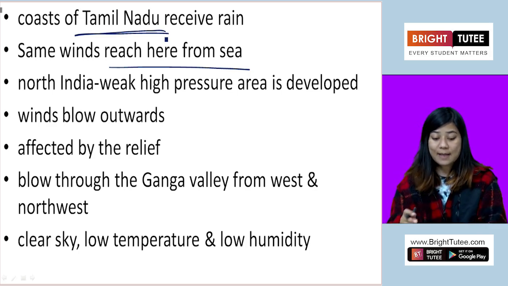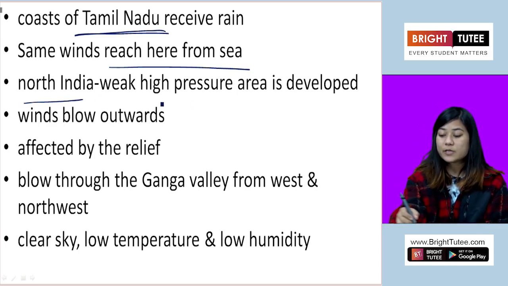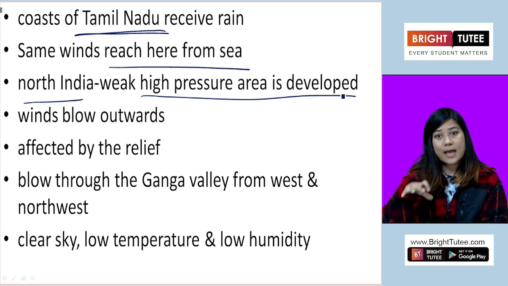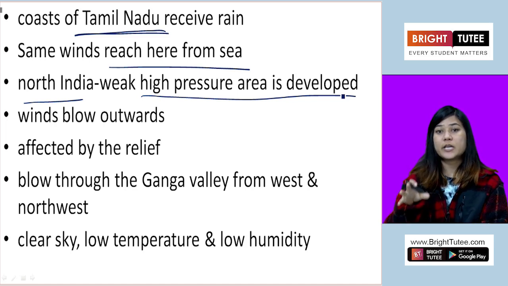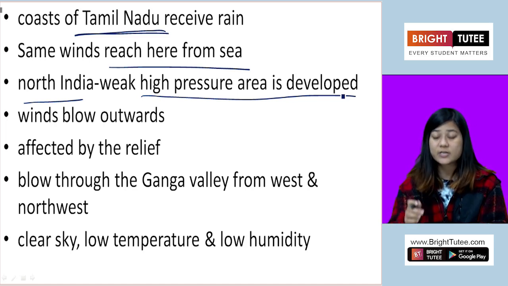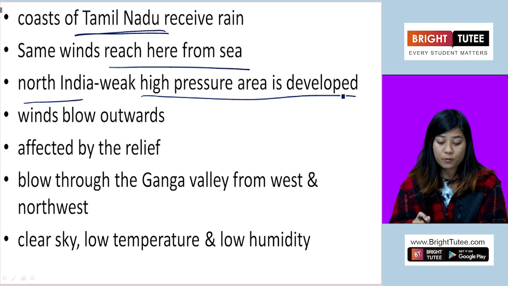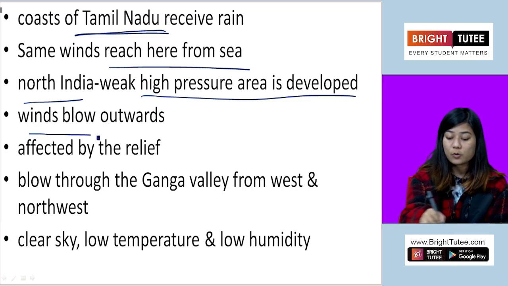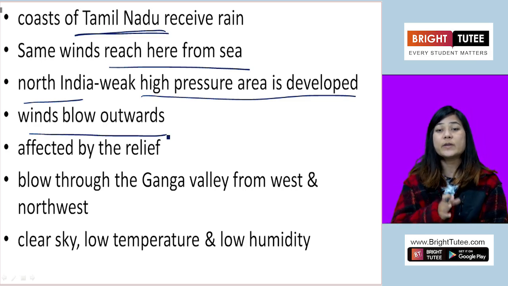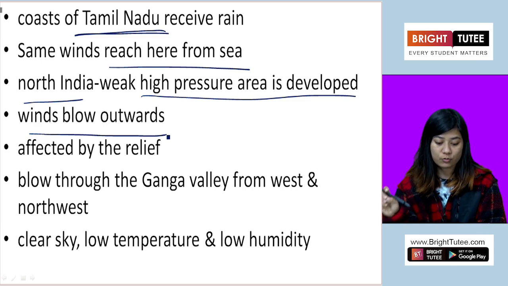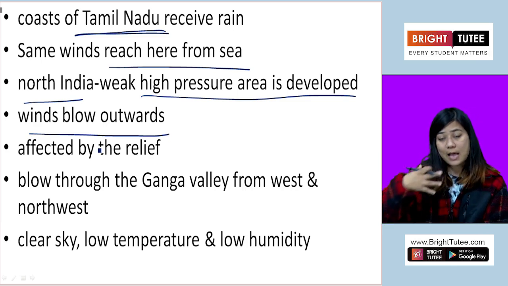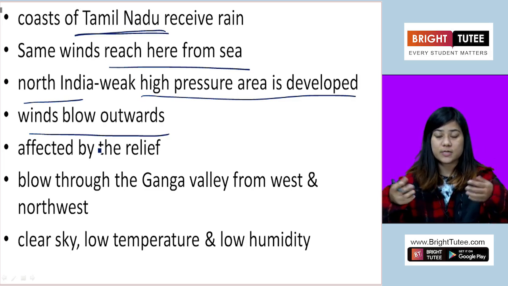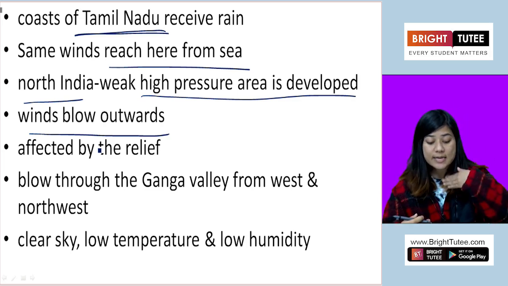Now while this is happening in North India, a very weak high pressure area is developed, okay. It is a high pressure area, but that high pressure area is very weak, not as strong as it was before, okay. So when the high pressure is weak, the wind blows outwards, okay, because the wind blows from high to low, right. So the wind blows outwards. Now it cannot directly blow outward, right, because it has the Himalayas in its north.